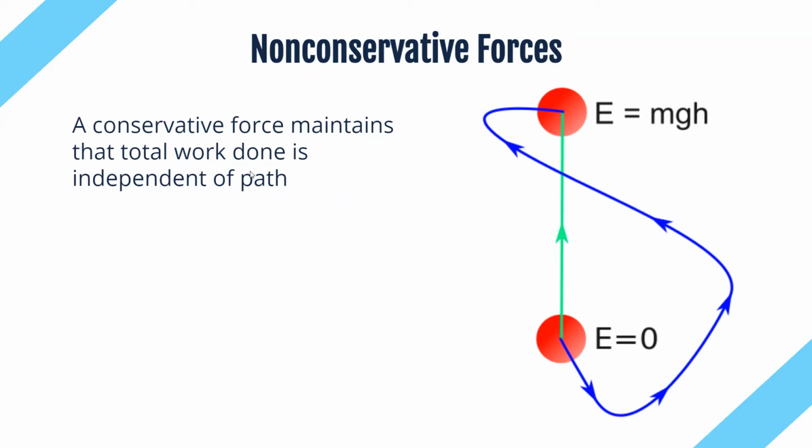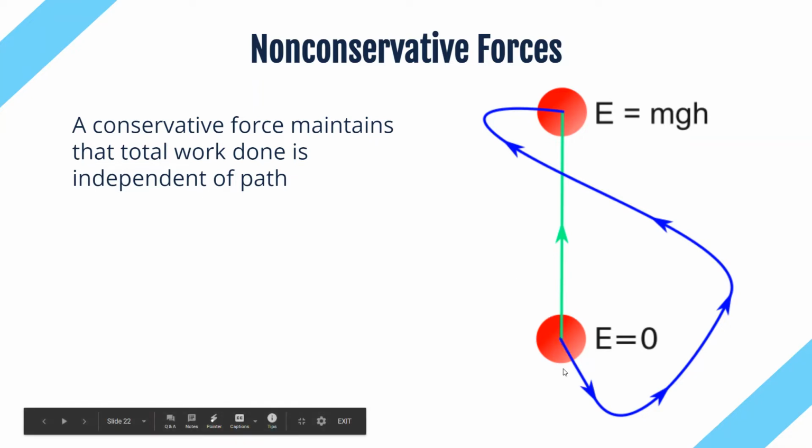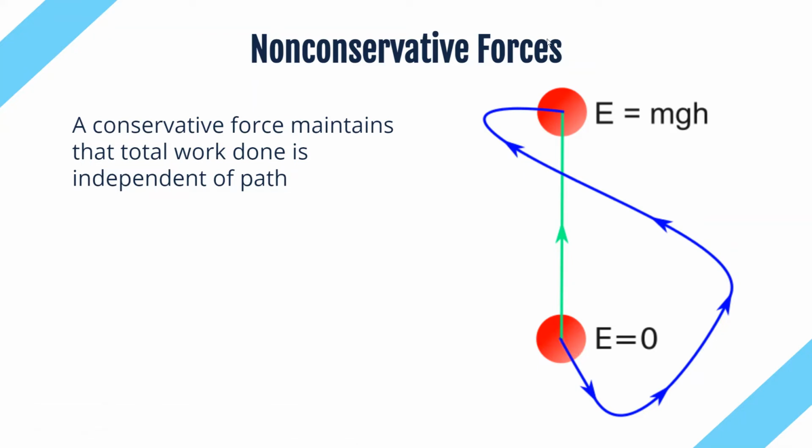So non-conservative forces. Conservative forces are forces that maintain that the total work done is independent of path. So for example, gravity. If I'm trying to go from one location to the other location, no matter if I go straight up or all the way to the side and then to that place, the total force I use to overcome gravity is the same.